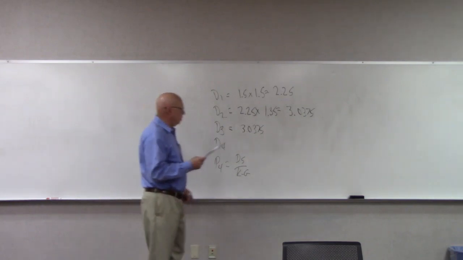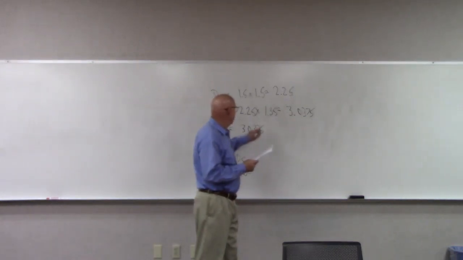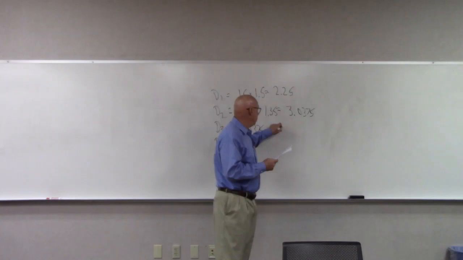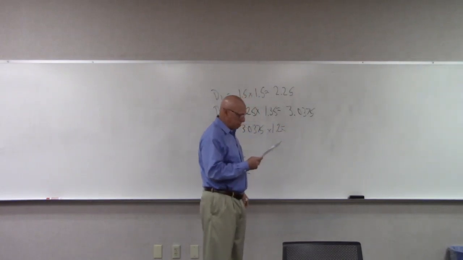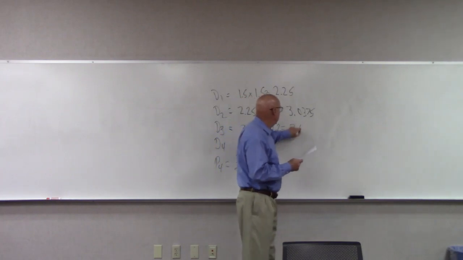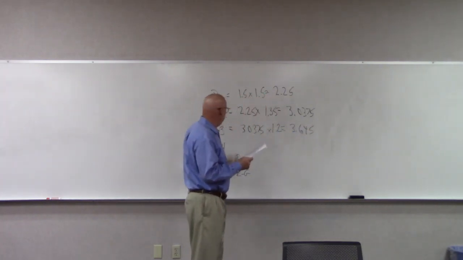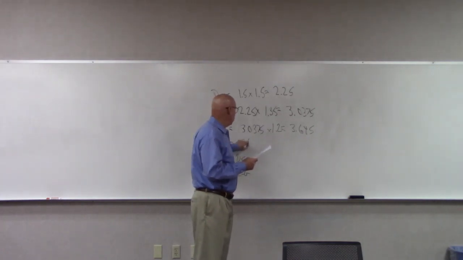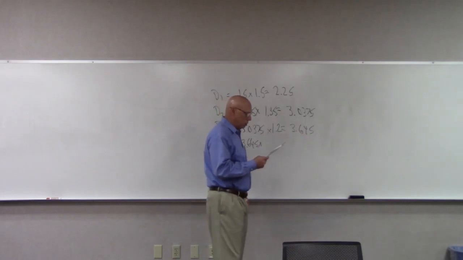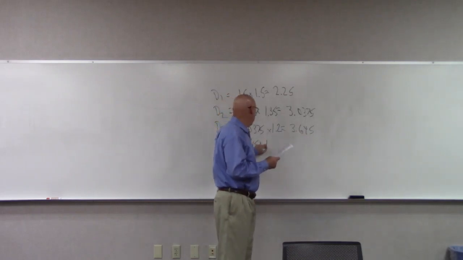Okay, 3.0375 times 1.2. And that's $3.645. And then D4 is $3.645 times 1.15.